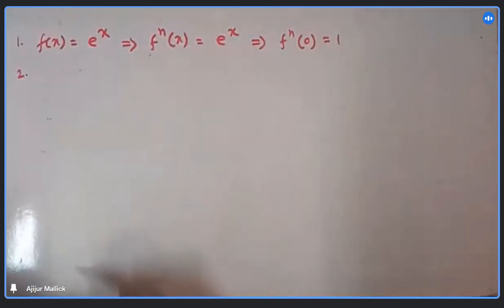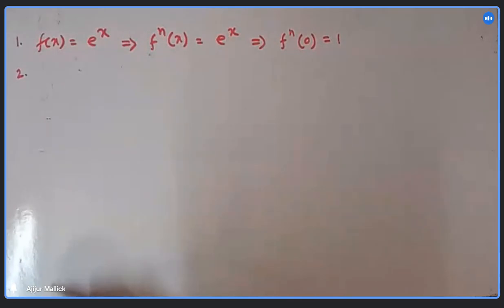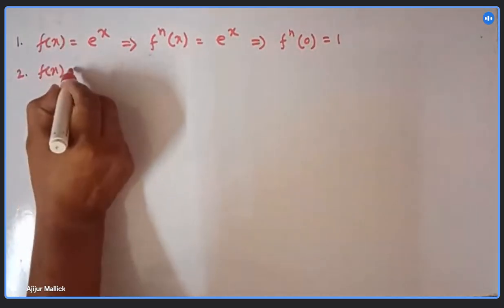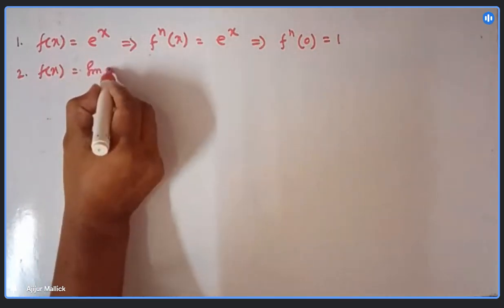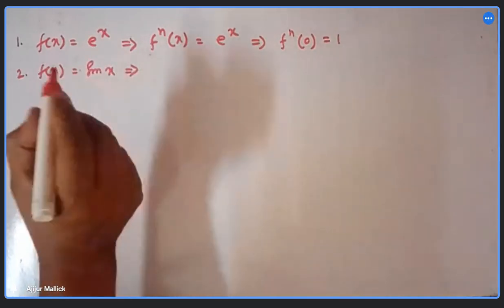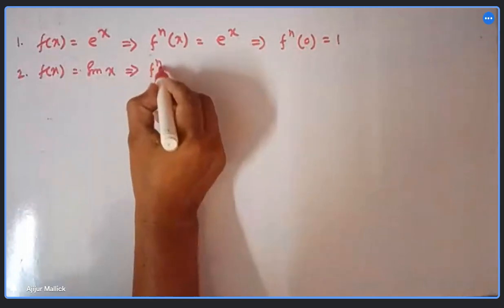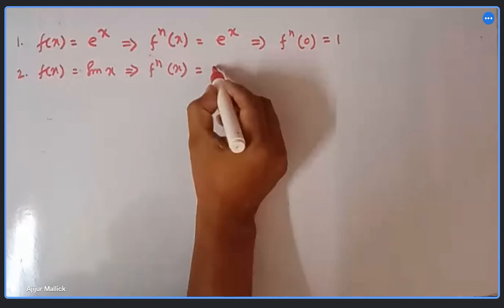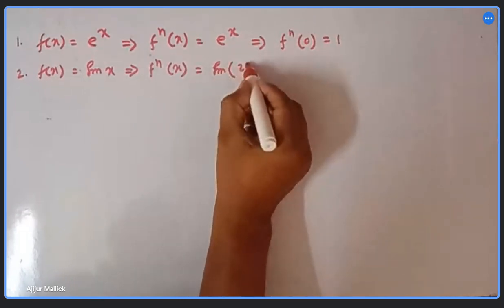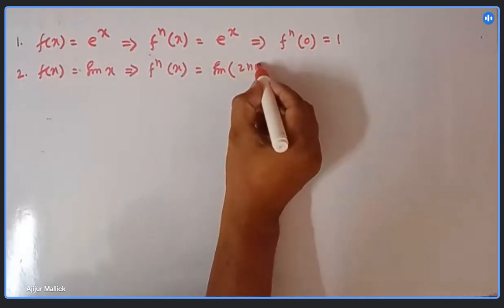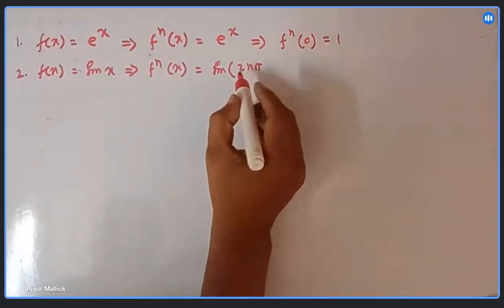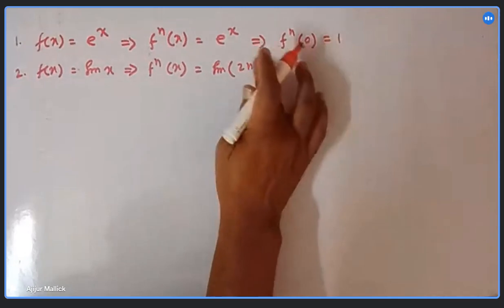Number two, second is this. If f(x) is equal to sin x, I shall use it in the next class. Then its n-th derivative at x is equal to sin... What was the formula? sin 2n pi, or sin n pi?